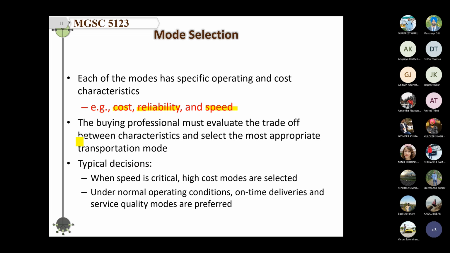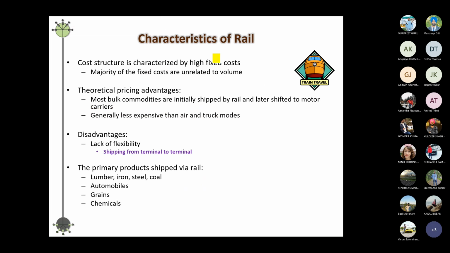And if time really matters for us, we should go for the most costly one. If not, we normally prefer the cheapest one, the one which doesn't cost us so much and everything will be delivered on time. So these are the things that we prefer.